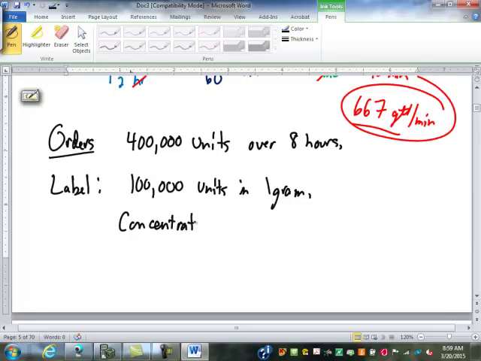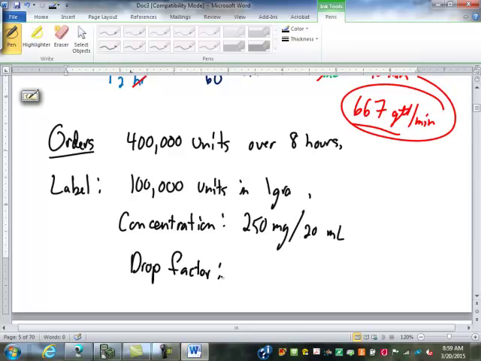For the concentration of 250 milligrams per 200 milliliters. Actually, this should be 250 milligrams per 20 milliliters. Sorry. And a drop factor of 12 drops per milliliter.